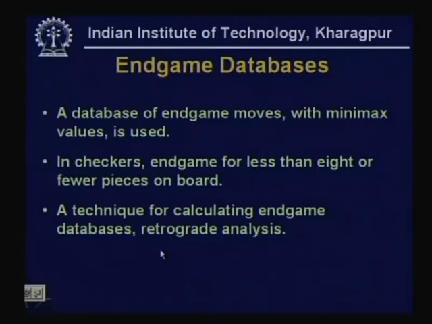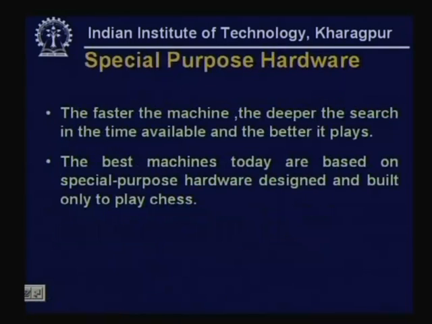So, instead of using Minimax or alpha beta to find the best move, it makes sense to generate a table of good initial moves in consultation with a human game expert, and this is known as the opening book. Then the end game is another interesting place where a lot of expertise is required. So, a database of end game moves will be very helpful. A technique for calculating end game databases is also helpful.